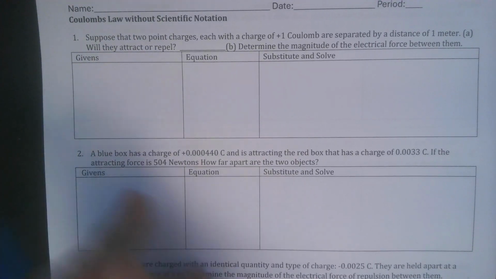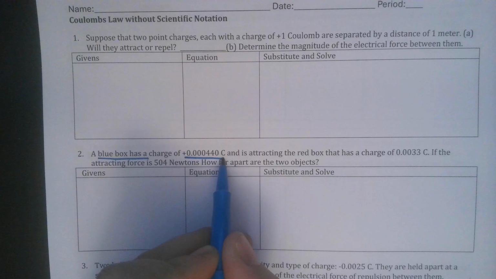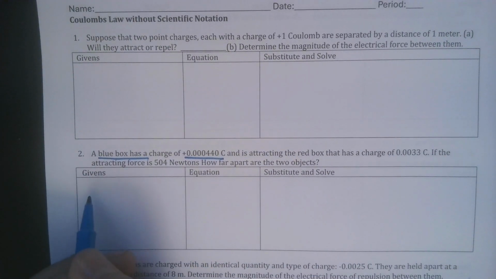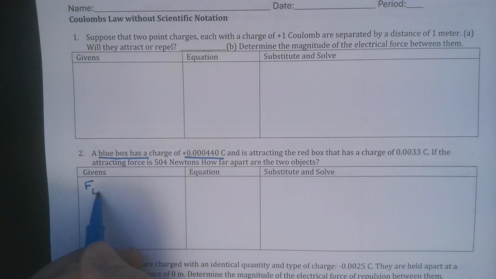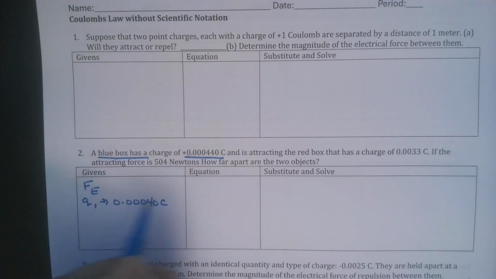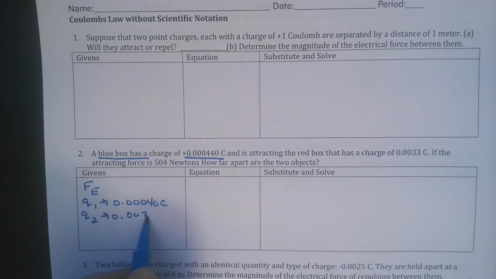So we have a blue box with a charge of 0.00440 coulombs. That is Q1. And I have Q2 as 0.0033 coulombs.